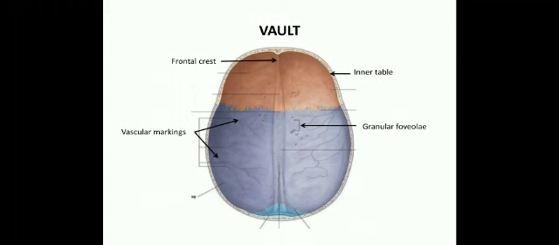It runs upwards 1 centimeter behind the coronal suture. We can make out these branches in the parietal bone also, extending towards the anterior aspect. The parietal foramen opens near the sagittal sulcus, 2.5 to 3.75 centimeters in front of the lambdoid suture.